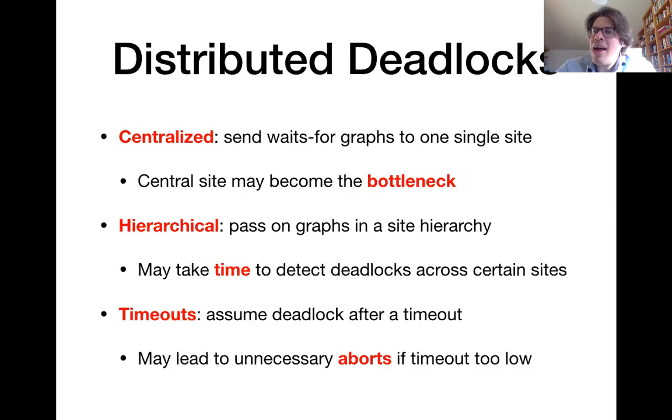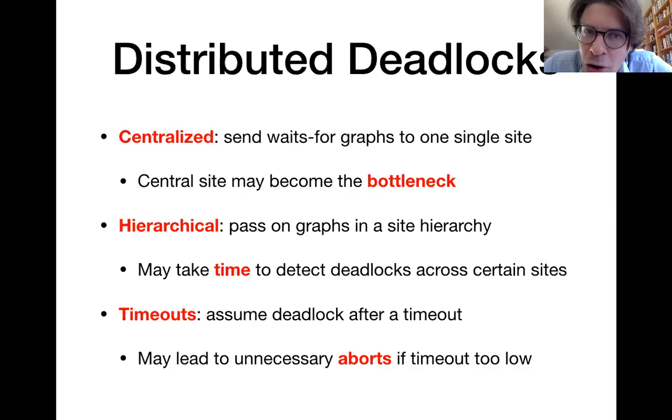So the parent has even more overview and might detect more deadlocks that involve different sites, until finally, at the root of this hierarchy, we have all the information available and can therefore detect all the deadlocks. That reduces the load on single sites. On the other side, it may take a little while until the required information has propagated up this hierarchy and until the corresponding deadlocks can be detected.